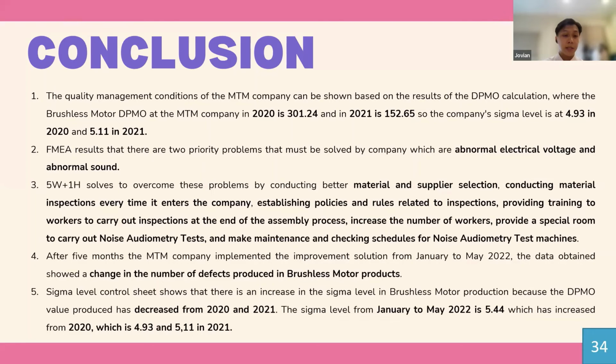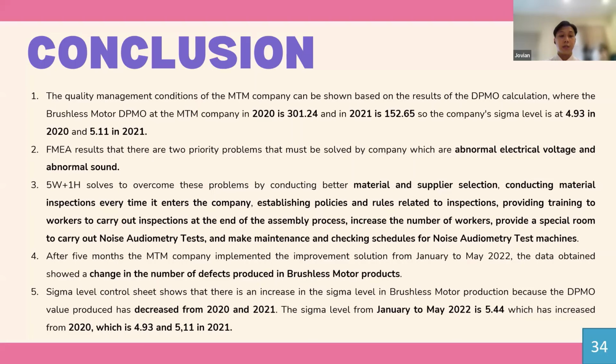After 5 months, the MTM company implemented the improvement solution from January to May 2022. The data obtained showed a change in the number of defects produced in brushless motor products.